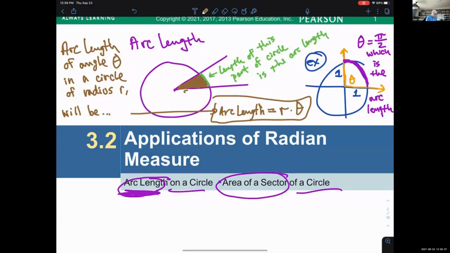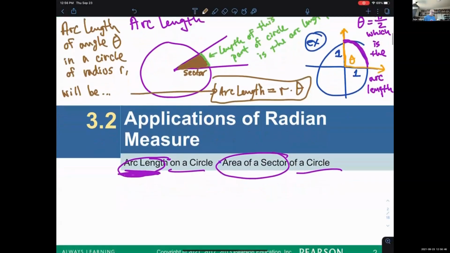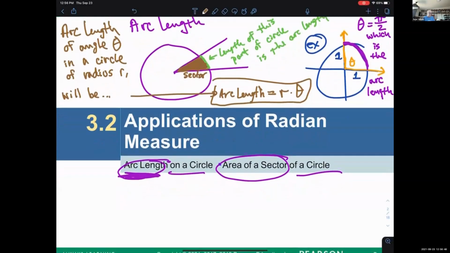So this would be a sector of a circle based on theta. And similarly, the part that you'll get out of the circle is some fractional amount of the whole thing.